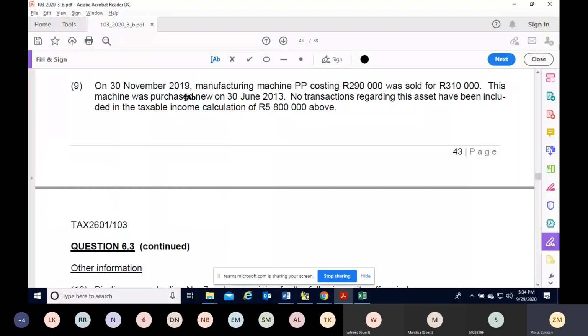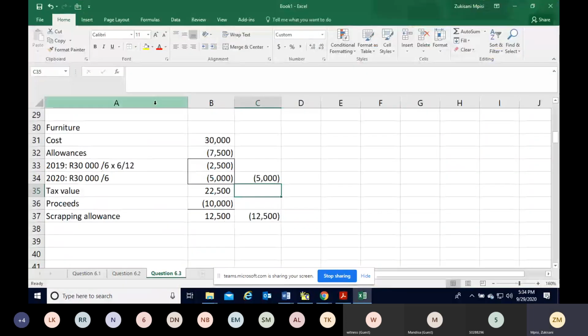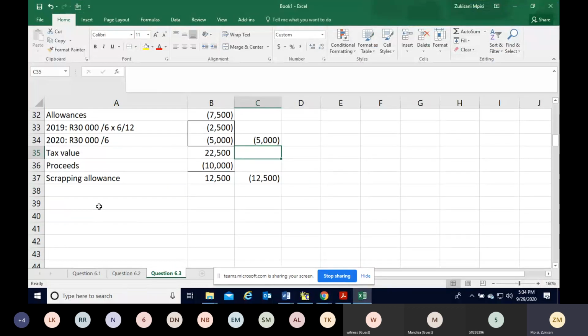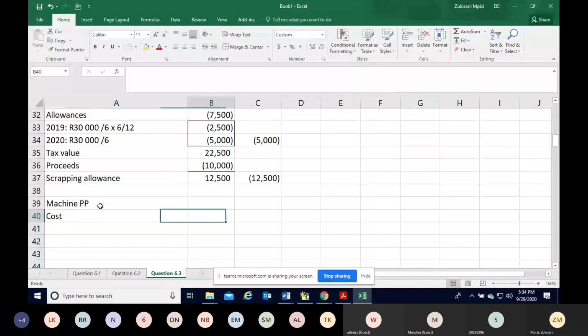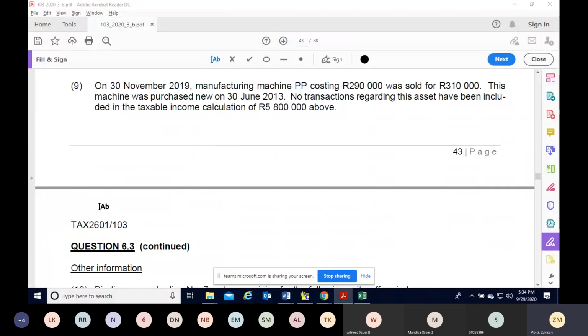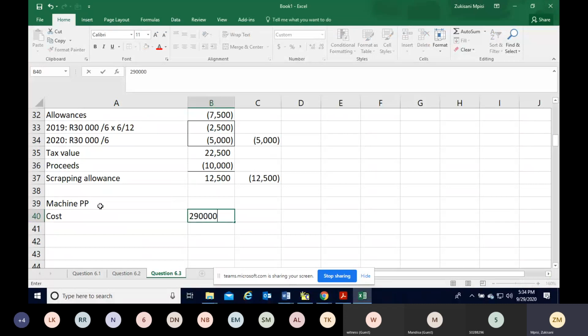So now we have to calculate the recoupment. In the previous case, it was a scrapping allowance because we sold it to a pawn shop. In this case, because we have sold it normally, we're going to look at recoupment. So we say cost. How much was the original cost? 290,000.